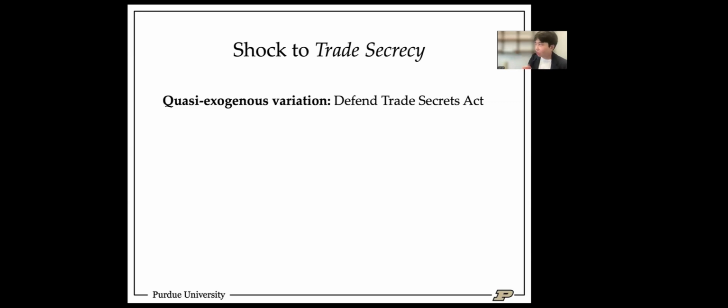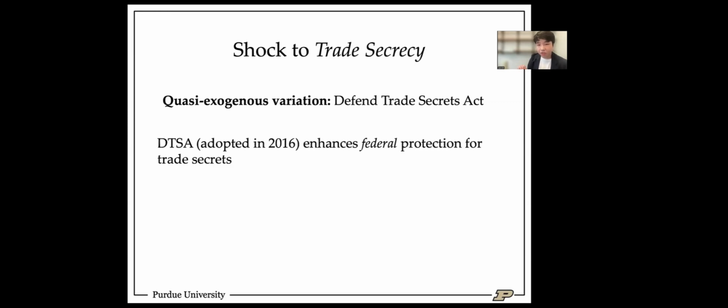So in order to address this endogenous relationship, we're going to exploit quasi-exogenous variation from the Defend Trade Secrets Act. The DTSA was adopted in 2016, and it enhances federal protection for trade secrecy. So it's an institutional-level shock that allows companies to increase their trade secrecy activities.